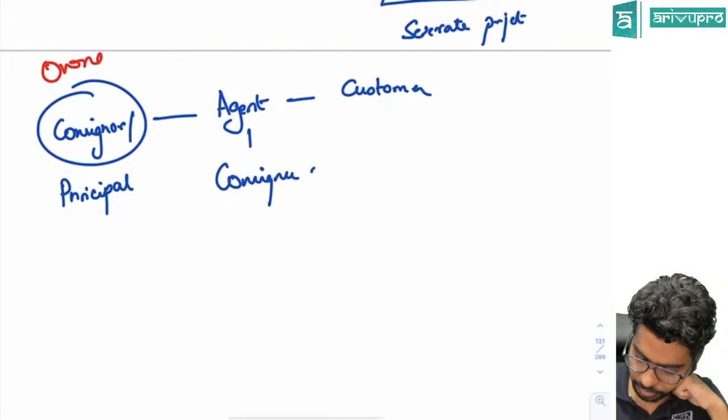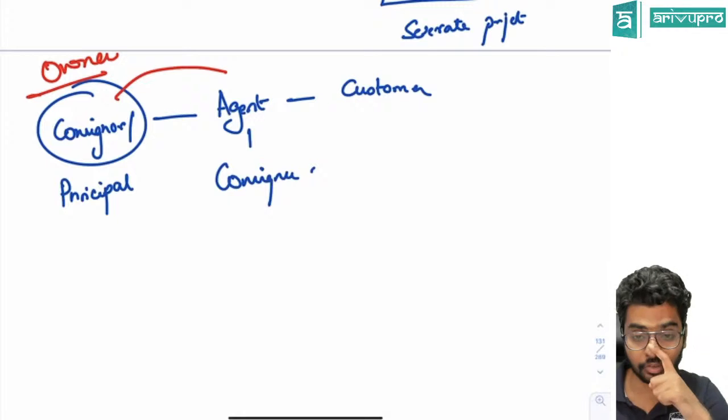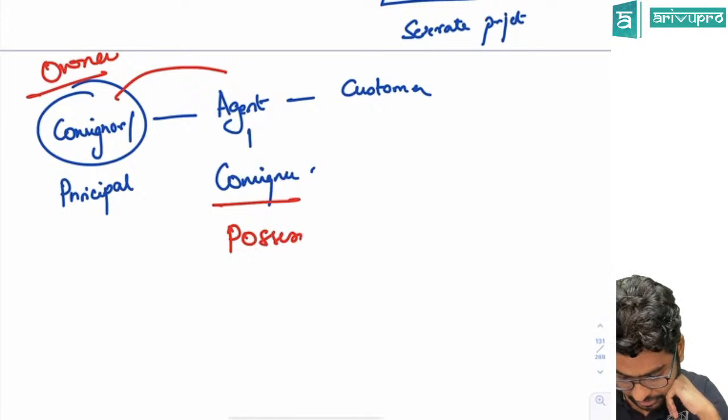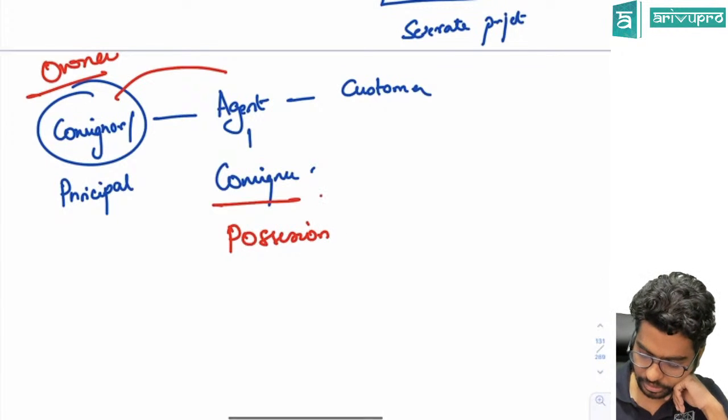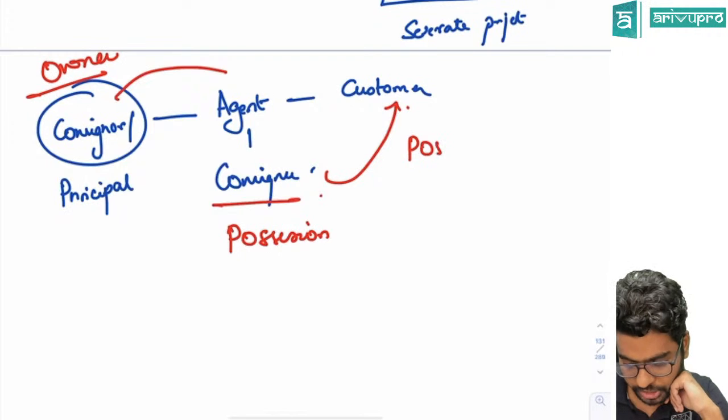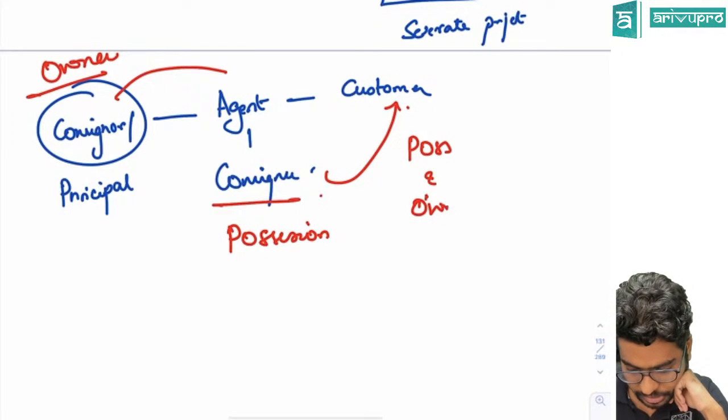The ownership will remain with him until the goods are sold. When the goods are given to the agent, only the possession is given, and the agent sells it to the customer. Then both possession and ownership are transferred.